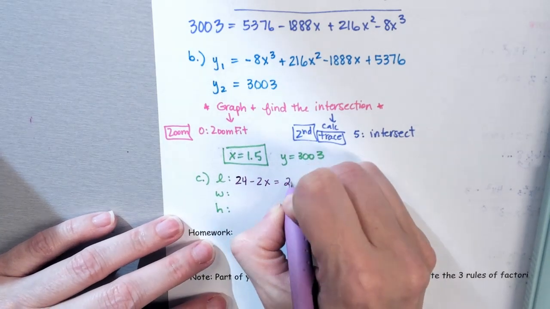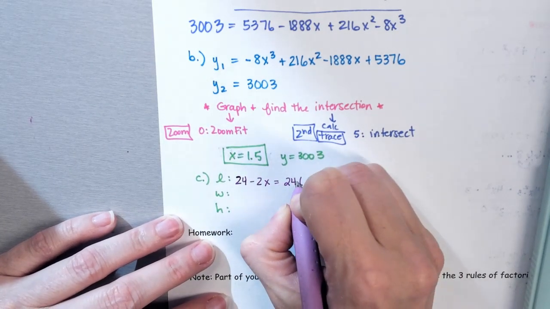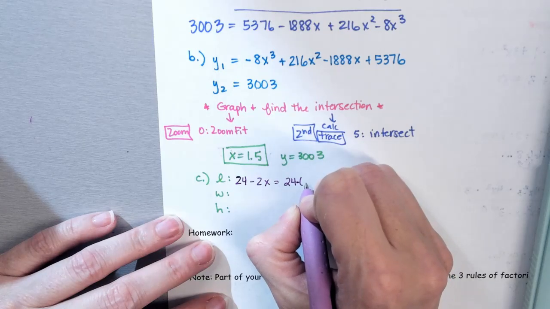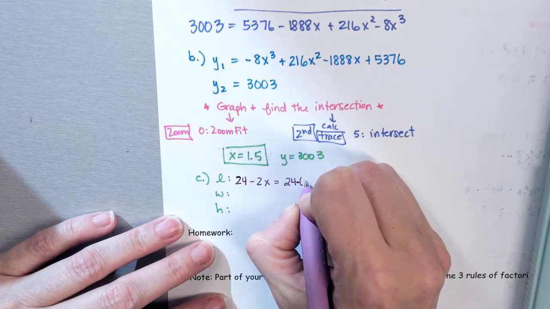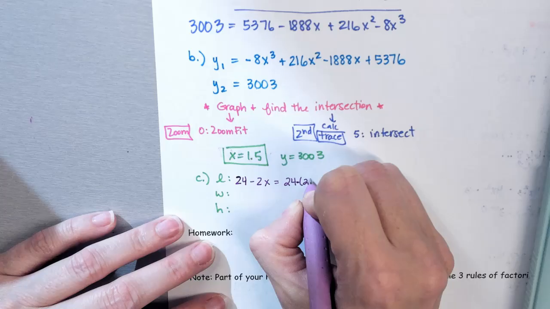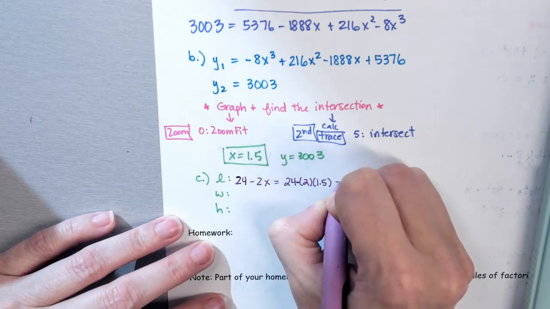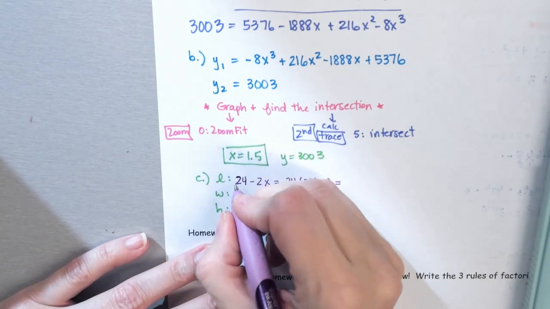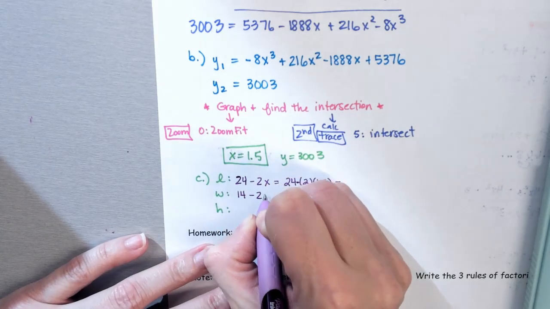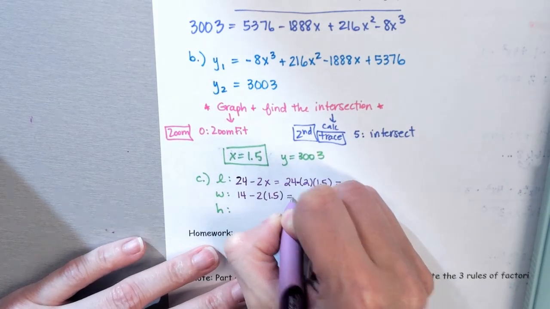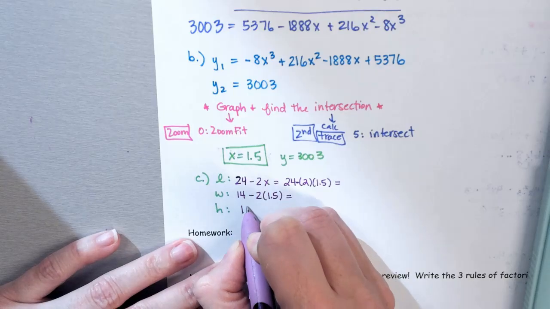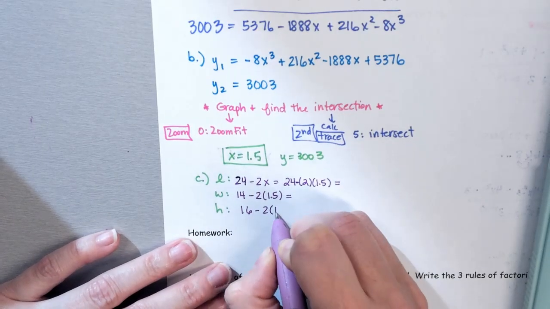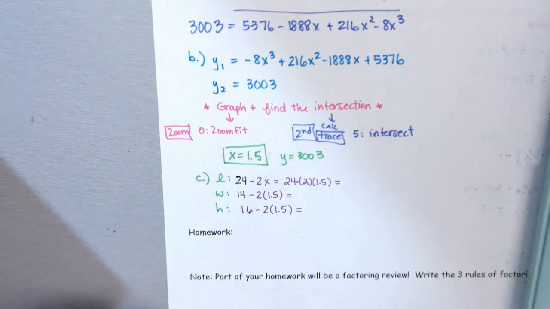What are we going to plug in for x? I can help you with that. So when you're plugging these in, you're just plugging in 1.5 for x, right? So your width is 14 minus 2 times x, which is 1.5. And then the height is 16 minus 2x, 1.5.